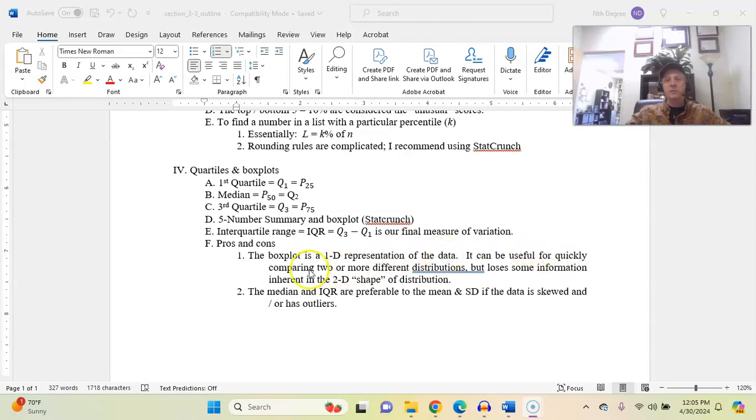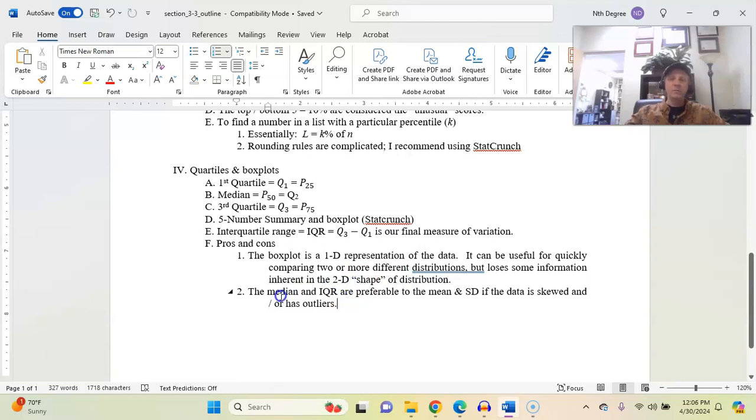So it can be useful for quickly comparing 2 or more different distributions, like the ones we just laid on top of each other. But it does lose some information inherent in the two-dimensional shape of the distribution. Right? When we look at a box plot, we can't necessarily see if it's bell-shaped or skewed, or if it maybe has 2 modes, and we can't see exactly how high it peaks. So we lose that information.